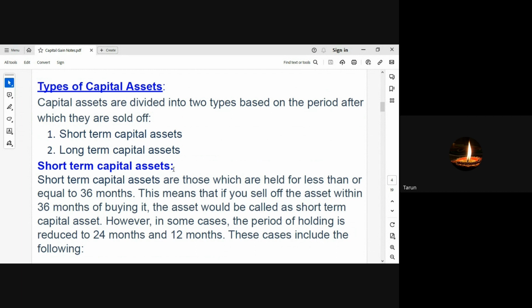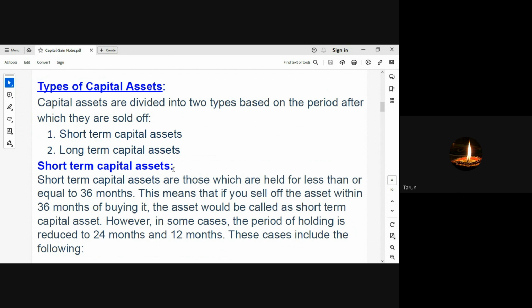Now we come to the types of capital assets, that is short-term capital assets and long-term capital assets. Any asset which has been obtained and owned for less than or equal to 36 months, which means 3 years, is a short-term capital asset.